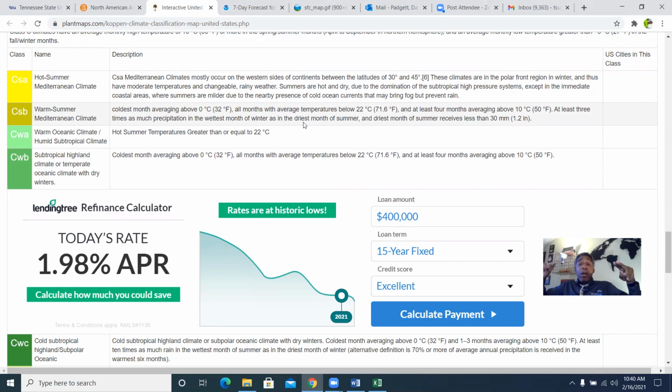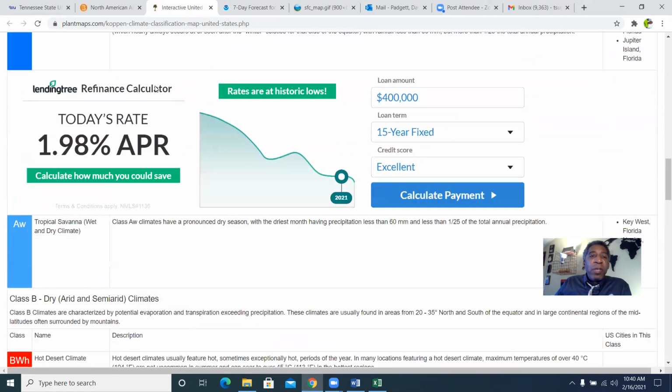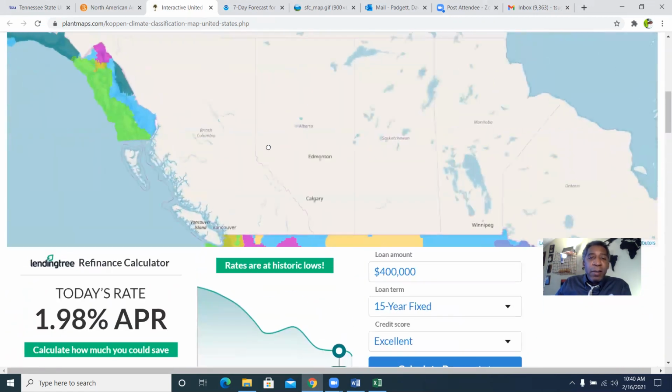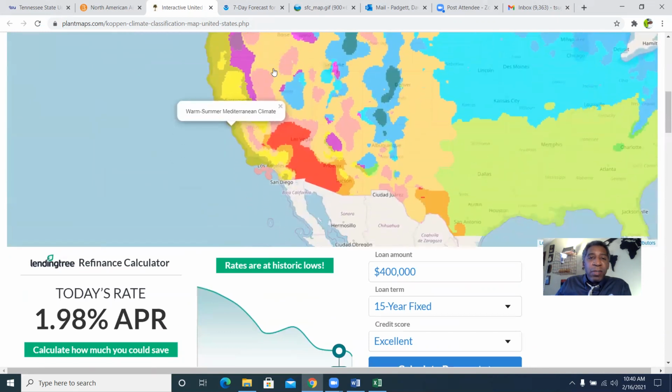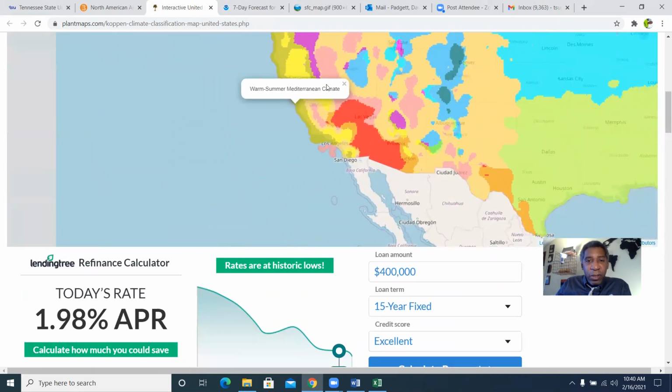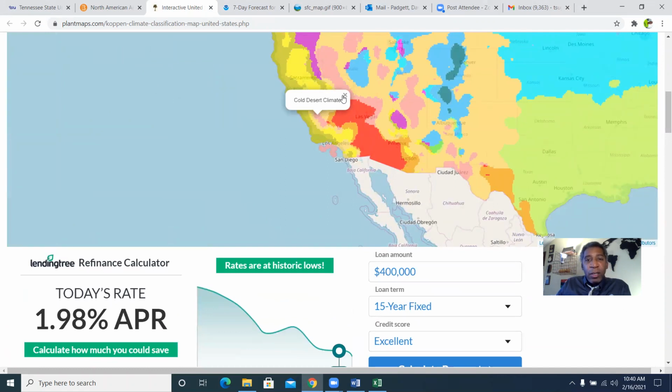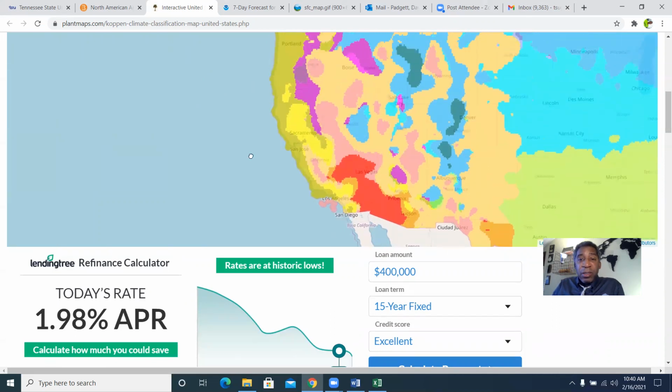But in those summer months, very dry normally in places like Sacramento, California, and this Central Valley region of California. You can see that here with what they call a cold desert climate there in Central California, and then cold semi-arid climate, and then ranging into hot summer. So California has a really interesting mixture of climate regions.